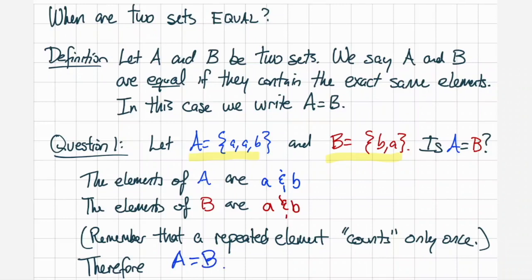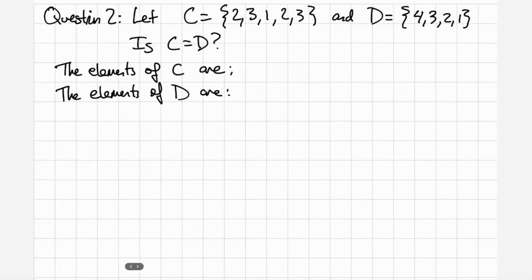All right, let's do another example. Here are two sets. Capital C is the set {2, 3, 1, 2, 3}, and capital D is the set {4, 3, 2, 1}. Is the set C equal to the set D? Well, what are the elements of capital C? I see a 1, a 2, and a 3.